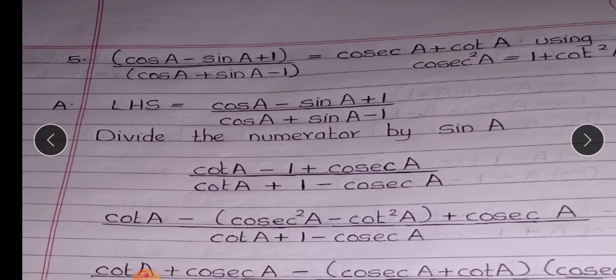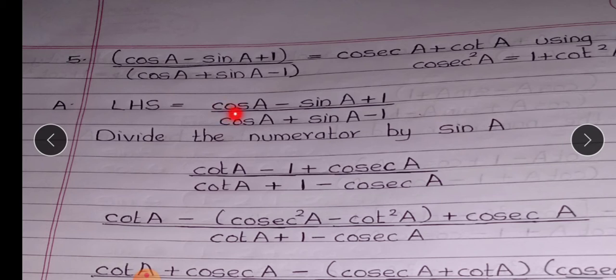Now, to convert it into terms of cosec and cot, we are dividing the numerator and denominator by sin A. Let's see what happens when we divide each term, I'm repeating it, each term by sin A. Cos A by sin A is cot A. Sin A by sin A is 1. 1 by sin A is equal to cosec A.